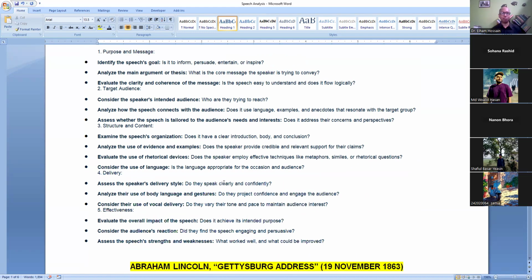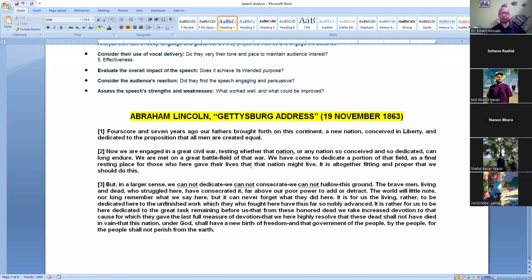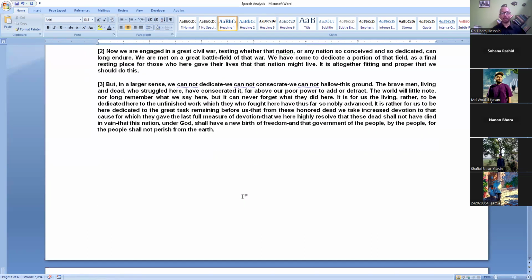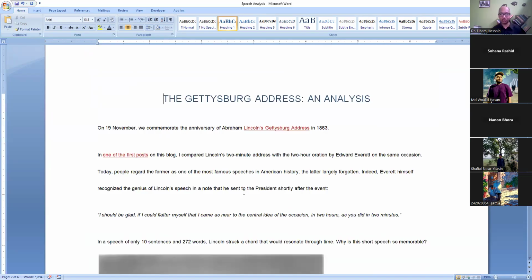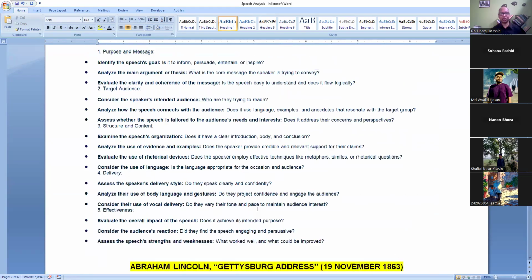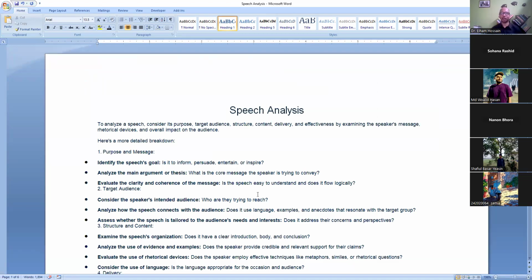And then in our lecture, we will learn a very famous speech of Abraham Lincoln, who was the 19th president of the United States of America. This speech is historically known as Gettysburg Address. So we will learn this speech, and then afterwards, we will analyze this speech. So this is our today's lecture highlight.